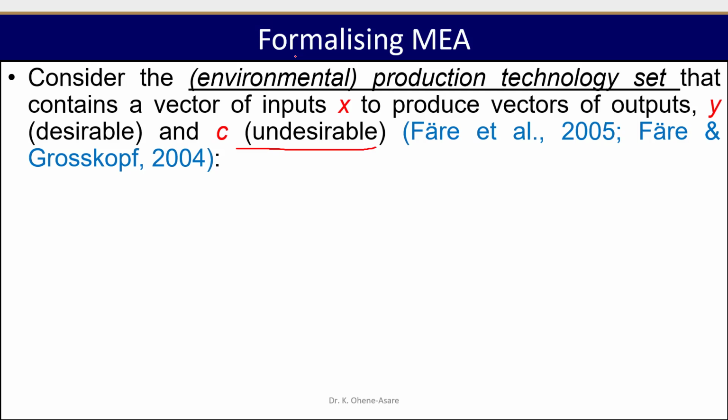Have you heard of bushfires? Is that a good output or a bad output? It's a bad output. Is it man-made or not man-made? It can be man-made. Can it be prevented?